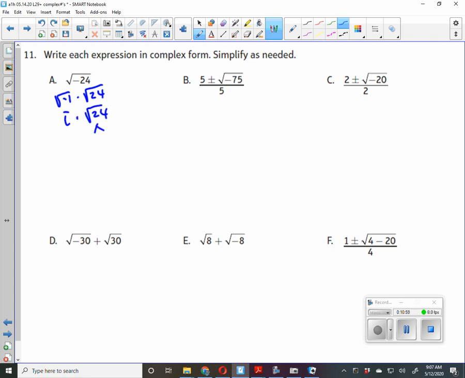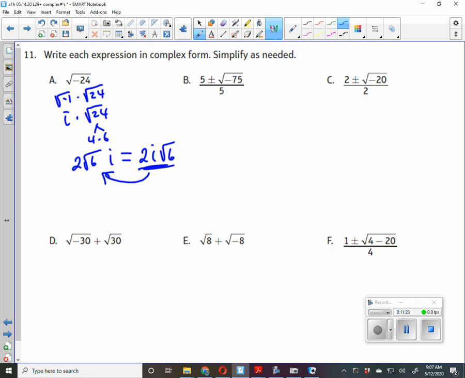You can simplify. That's 4 times 6. We know this becomes 2 square root of 6 times I. Quite often I put the I on the other side just so it doesn't look like it's under the radical. You'll see it as 2I root 6. This is the appropriate order to put it in, but it's easier to read here, so you're going to see that quite a bit.